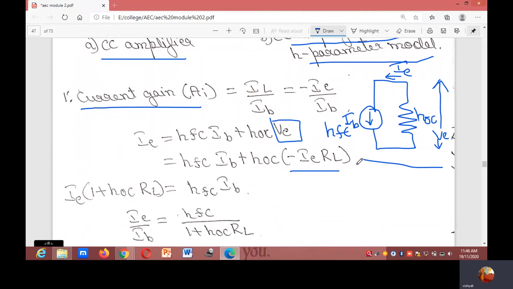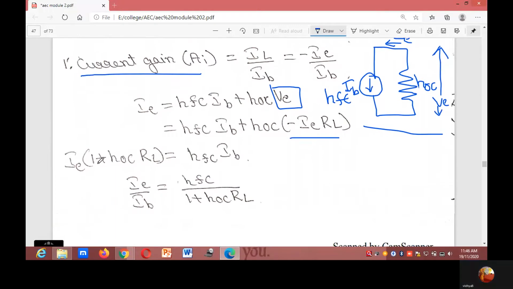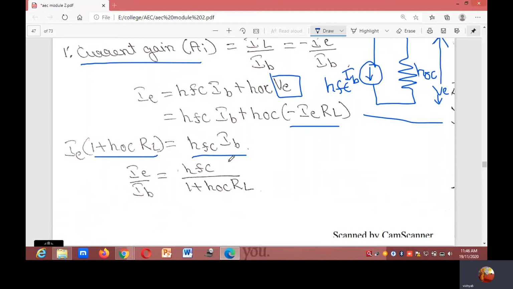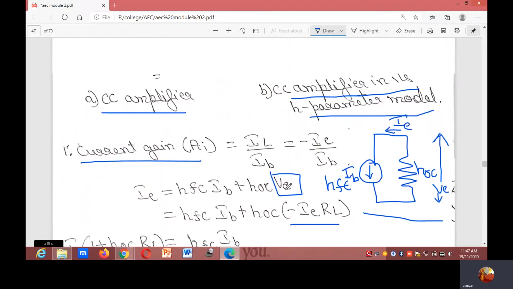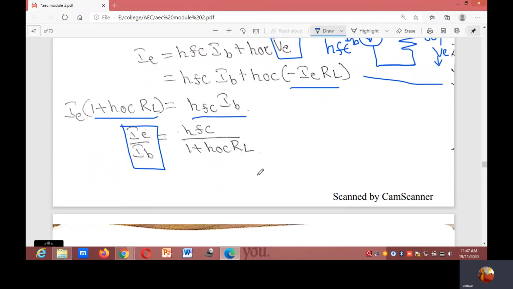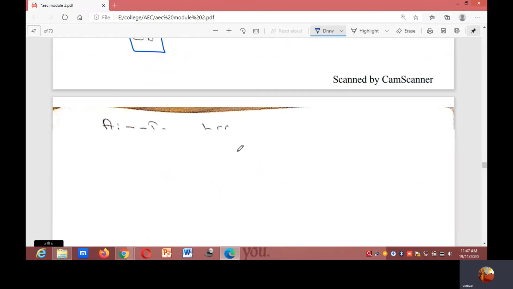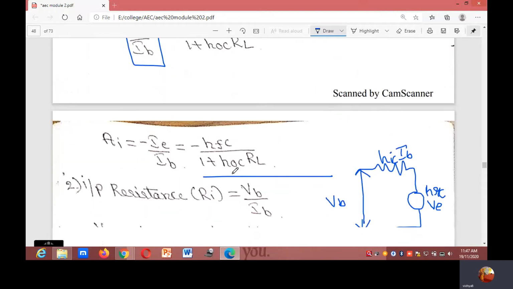That is what I have replaced here. If you take IE common, you get IE open bracket 1 plus HOC into RL close bracket is equal to HFC into IB. What we want is IE divided by IB, so you get HFC divided by 1 plus HOC into RL. But the current gain has a minus sign, so AI is equal to minus HFC divided by 1 plus HOC into RL. That is the current gain.